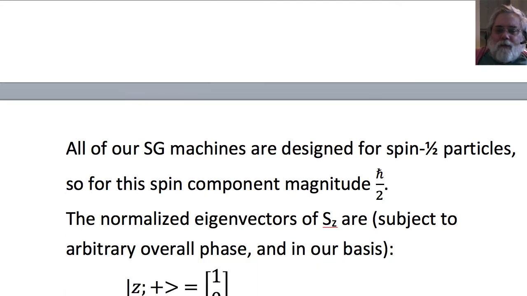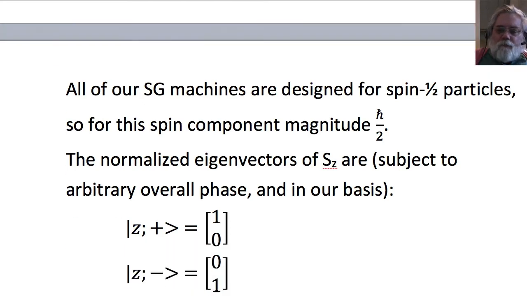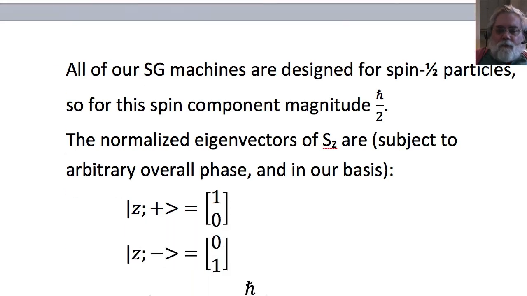The normalized eigenvectors of SZ, subject to overall phase and in our basis, are Z plus, column vector 1, 0, and Z minus, column vector 0, 1.